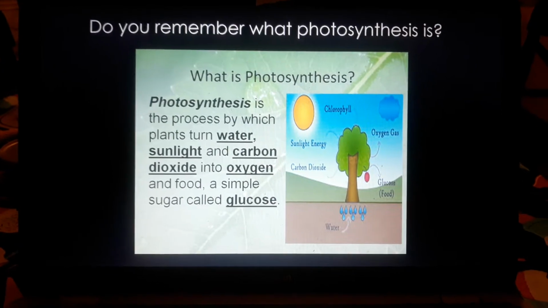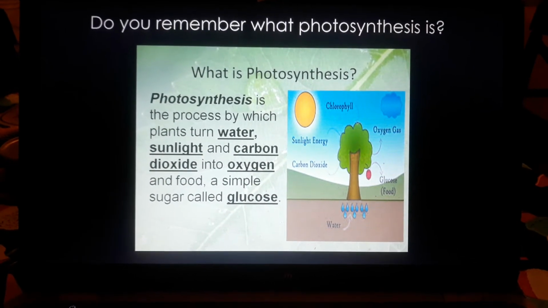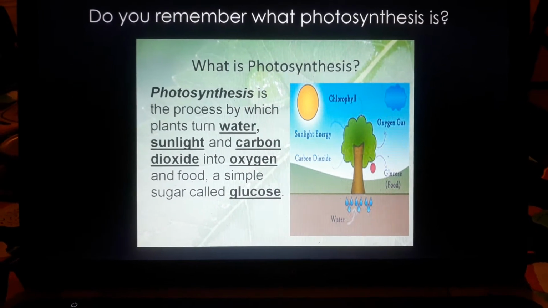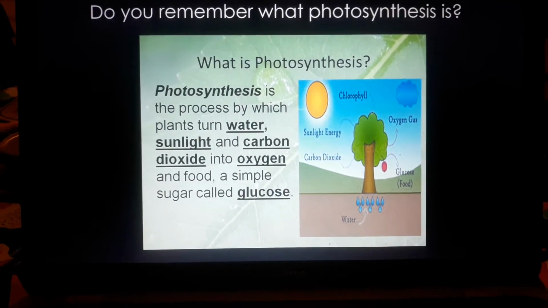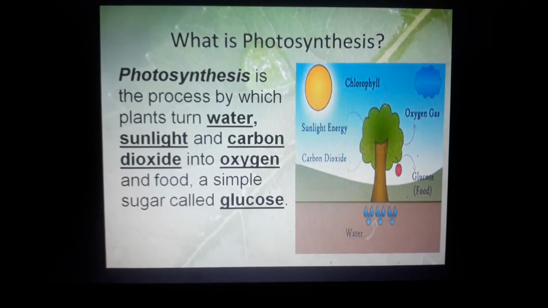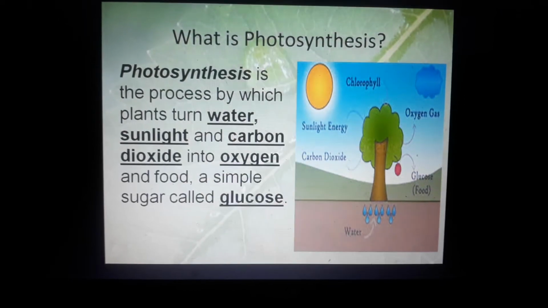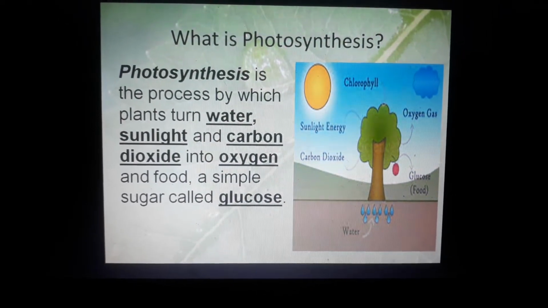So for the top layer of the ocean, the sunlight level, we're going to talk about photosynthesis. We've talked about what that is at one point in class this year. But if you don't remember, because that's a really big word, here's the definition: photosynthesis is the process by which plants turn water, sunlight, and carbon dioxide into oxygen and food.